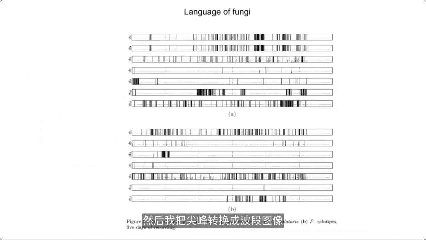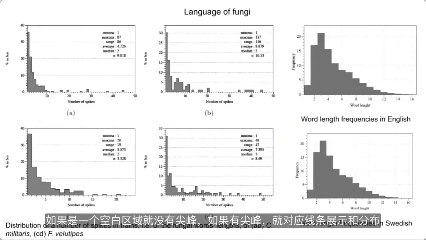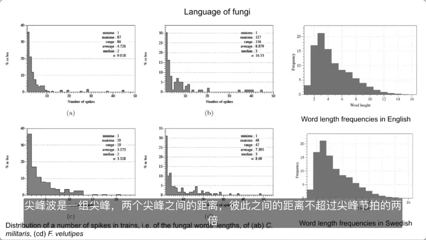Then I converted spikes into binary images, where there is empty space if no spike, and a line if there is a spike, a barcode representation. And analyzed distributions of the spikes. Here you can see distribution of the number of spikes in trains. A train of spikes is a group of spikes where the distance between two spikes which follow one another is not more than double the width of the spike.